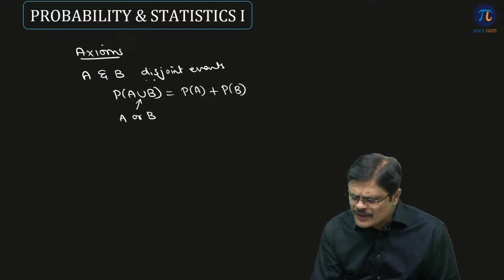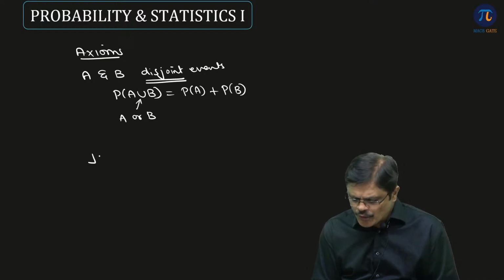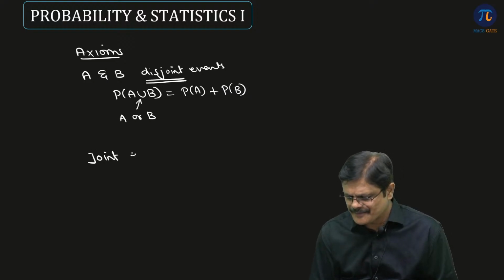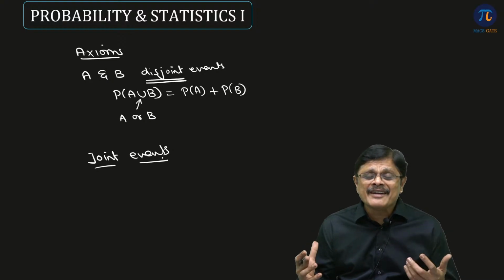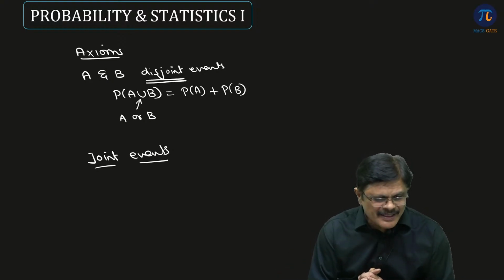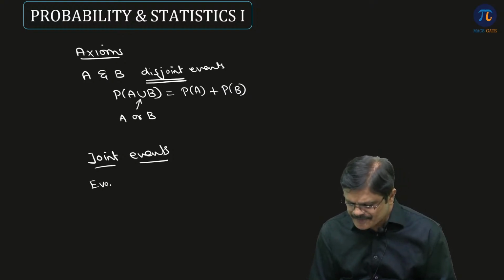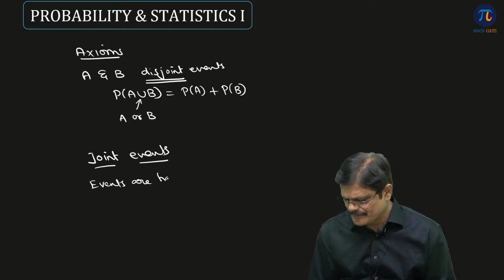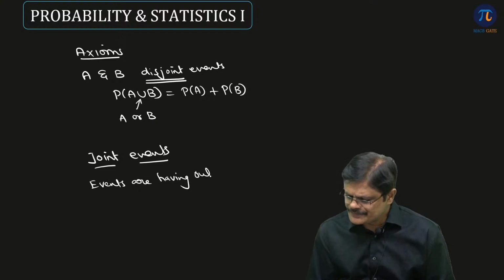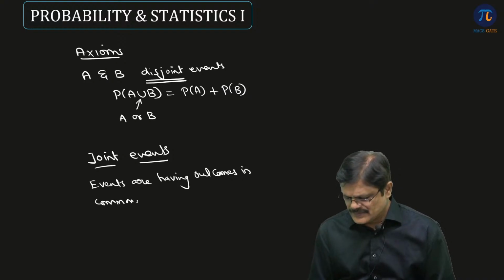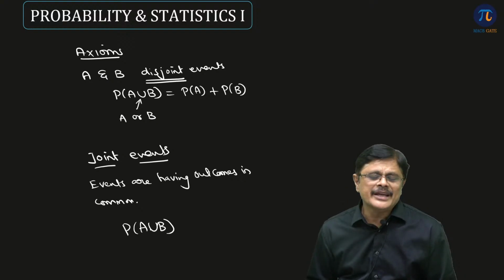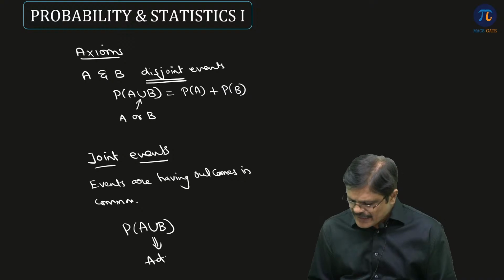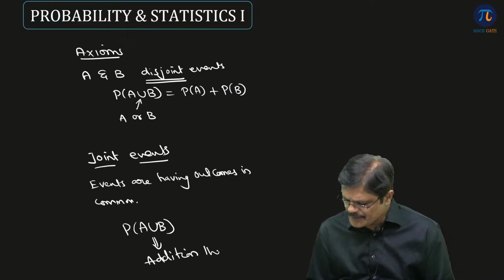But this is about disjoint events. Now we need to talk about joint events. What do you mean by joint events, my dear friends? Where the events have outcomes in common. In that case, whenever you need to find probability of A union B, we need to use the addition theorem.